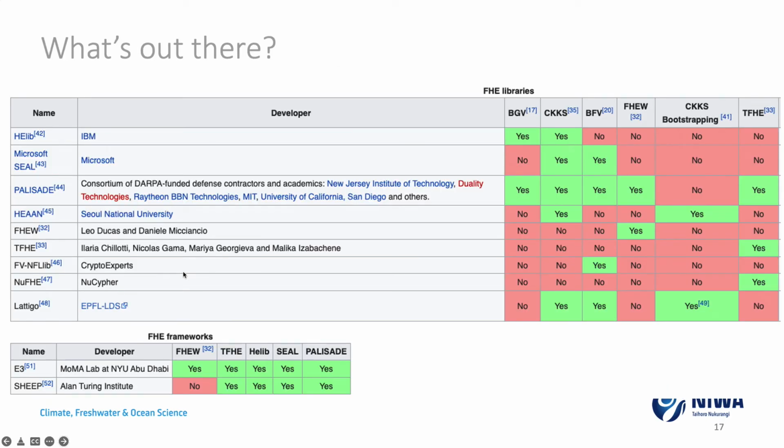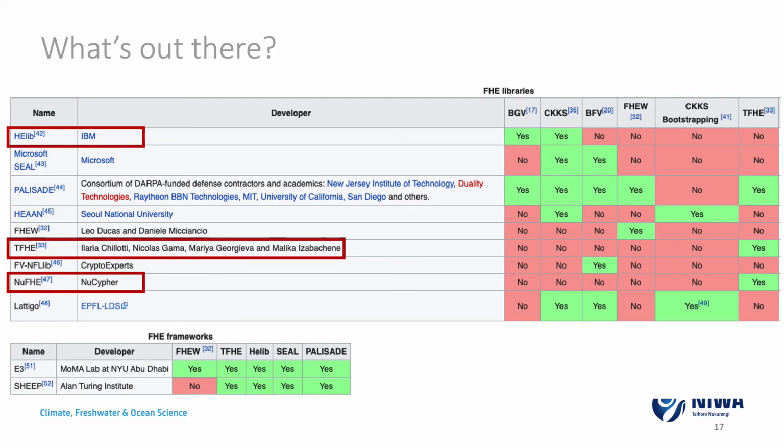But what's out there? This is a very small list. Actually, the list is much, much bigger than that. But there are a few here that I want to emphasize. So we have HElib, which is from IBM, and they are relatively old, launched 10, 12 years ago, but they are really interesting because they are very well documented.